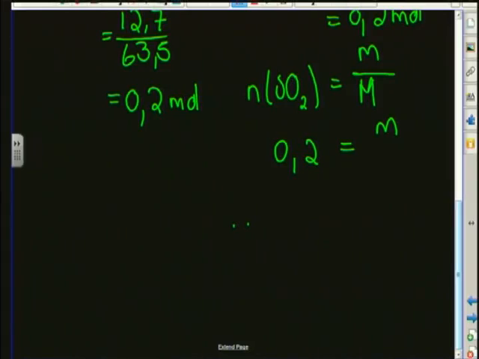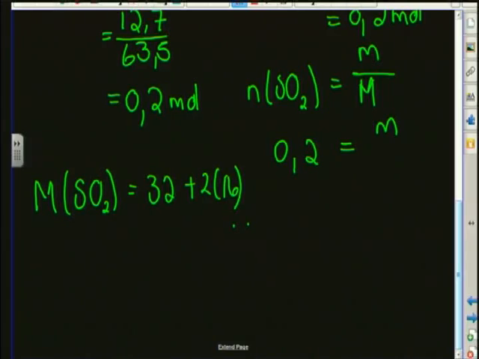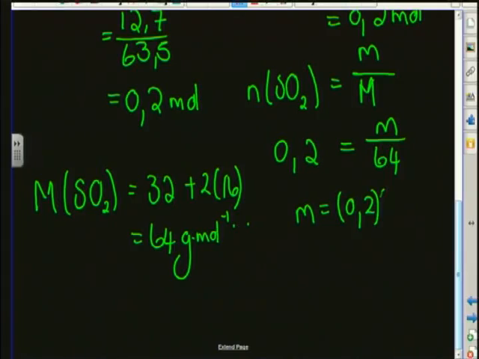So the molar mass of sulfur dioxide, okay, let's just put it over here, means I'm going to take the mass of the sulfur, which is 32, plus oxygen is 16, so it's 2 times 16, and 2 times 16 is 32, plus 32 gives me 64. Okay, so this is 64, so mass becomes 0.2 times 64, which is 12.8 grams.